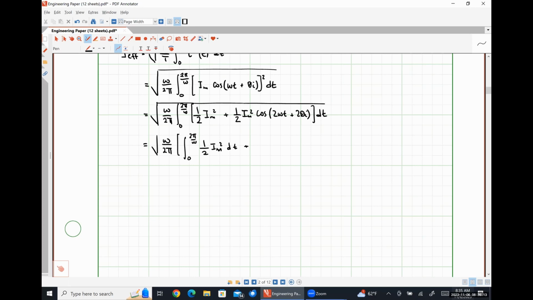Our second integral is 0 to 2 pi over omega of 1/2 Im squared cosine of twice omega t plus twice theta I dt. Close my brackets.